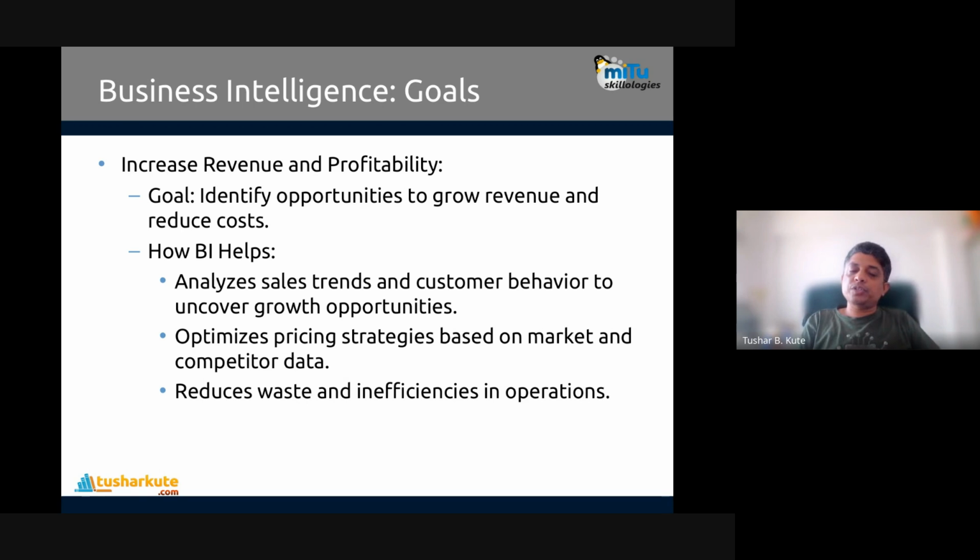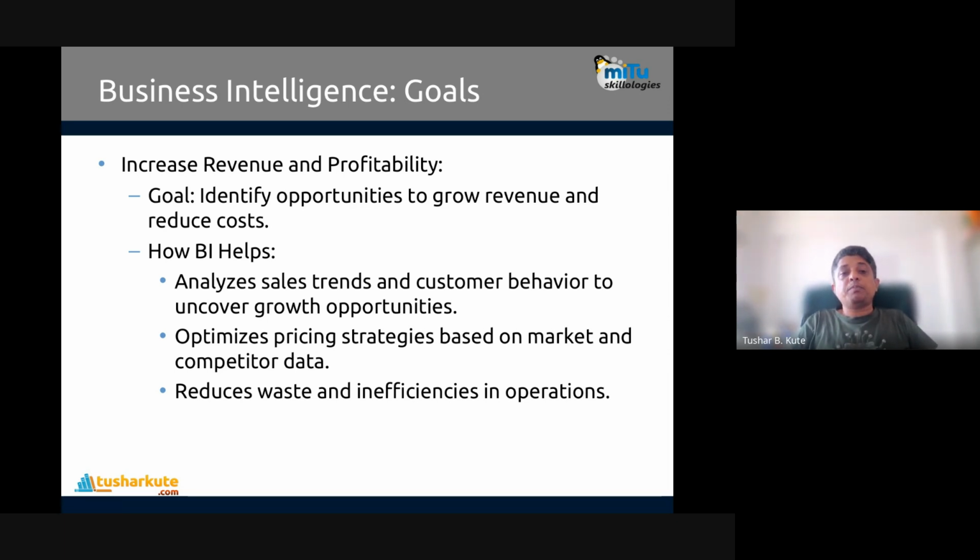So how can BI do this? First, it can analyze sales trends and customer behavior to uncover growth opportunities. Once a trend is found, we can also find how it will grow in the future.